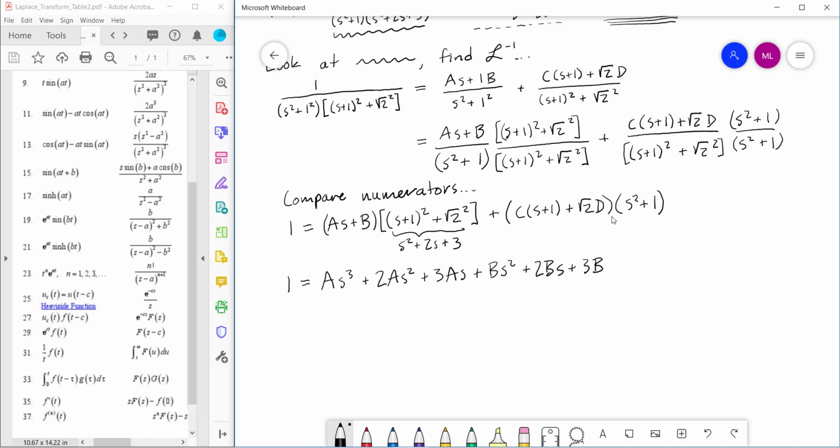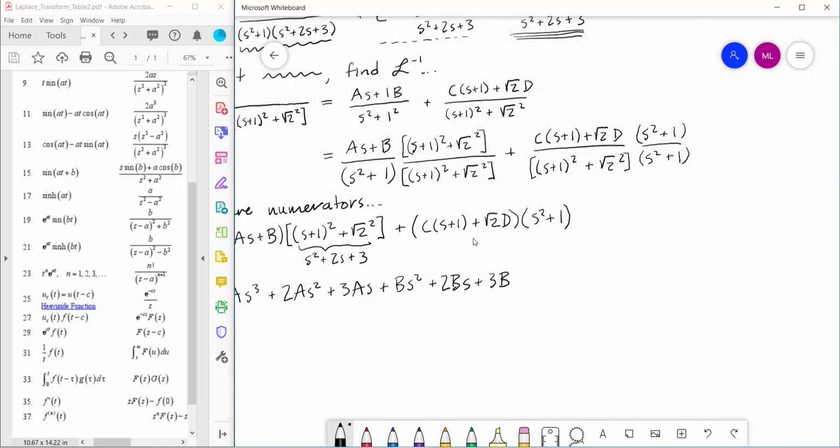Do the same thing over here. In this case, they're both just binomials, essentially. So let's multiply these ones out. Maybe it's going to be easier to write this as cs plus c plus root 2d if we want.